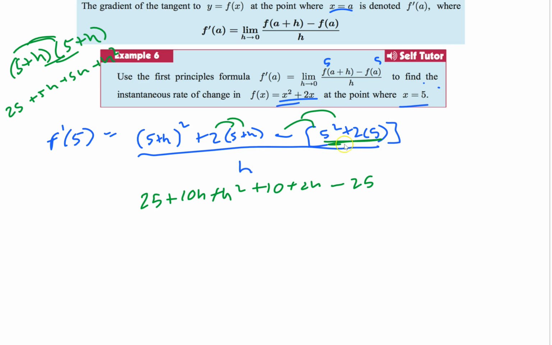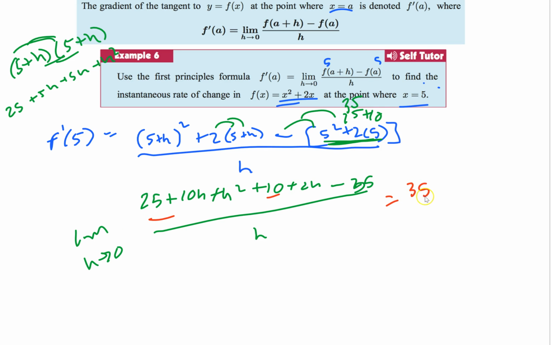I probably could just add, let me add these two first actually. This is 25 plus 10, so 35. So it's going to be minus 35, all over h, the limit as h goes to 0. Now a couple things happen. Let me simplify a little bit.